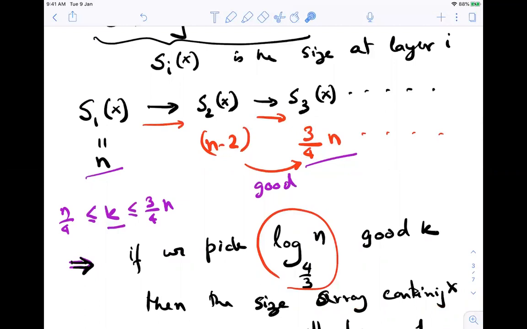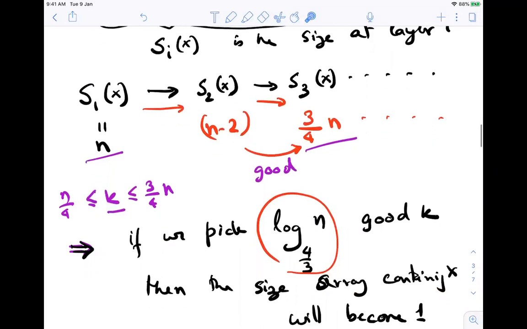So after you pick at most this many good pivots, the size of the array containing x will certainly become 1. It might stop much before that, but it's an upper bound. So all I need to do is pick log n base 4 by 3 good pivots.